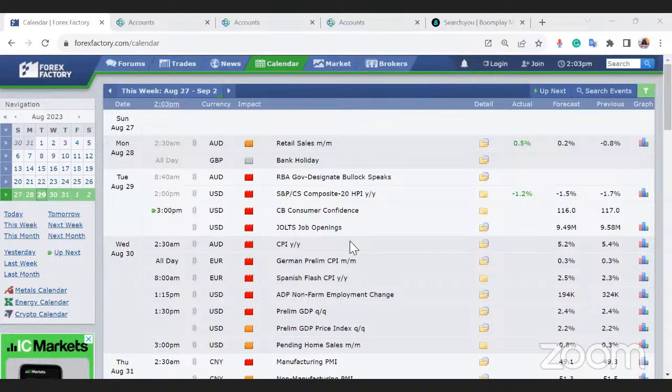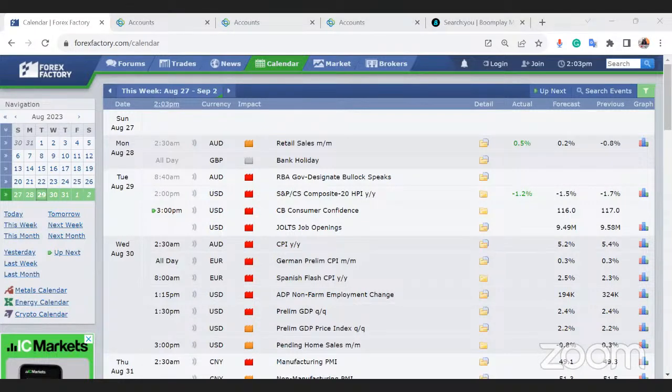For example, if you have checked this news, you probably will be thinking, oh, this one came out negative or positive, and because of that, you just jump into a trade on the dollar index. But if you don't really know that this news does not have much effect in the market, you might end up making a very big mistake. Yes, it came out positive, but the effect is not much in the market. It doesn't have much volatility in the market.